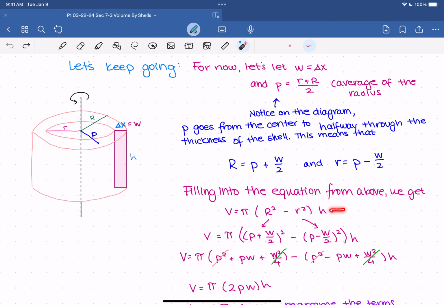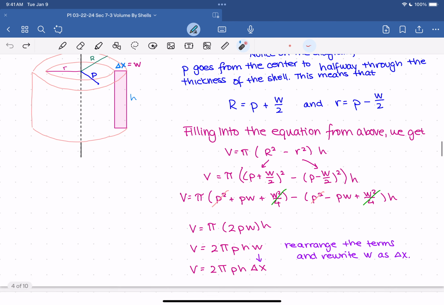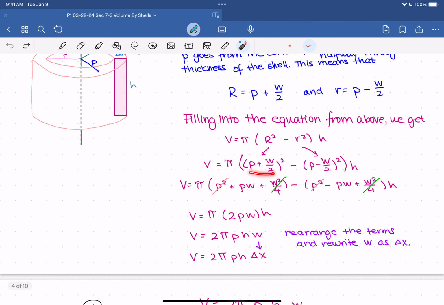So now I'm going to go back to this equation that we had, and I'm going to substitute in for capital R, P plus half the thickness, and for little r, P minus half the thickness. Now it gets a little messy, but it cleans up really nicely. I square this, and that's where this comes from. I square this, and that's where all of this comes from.